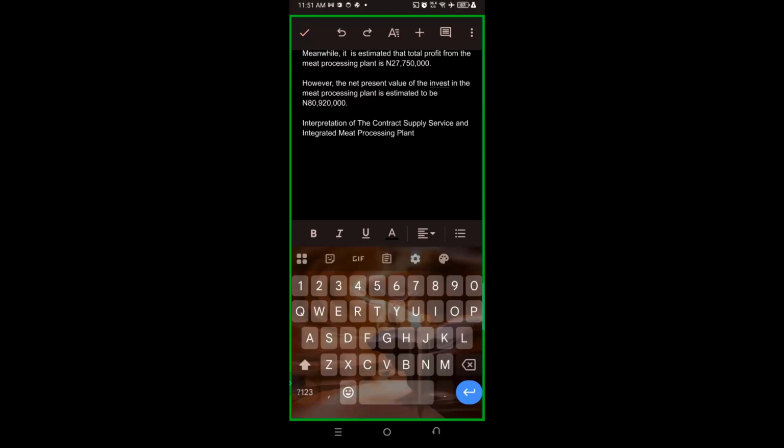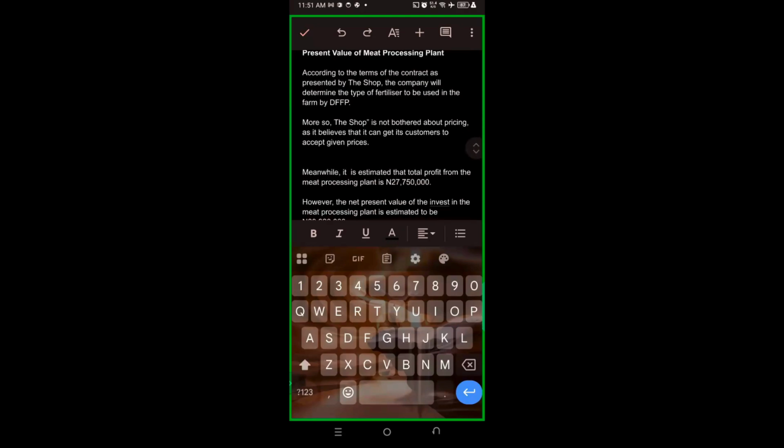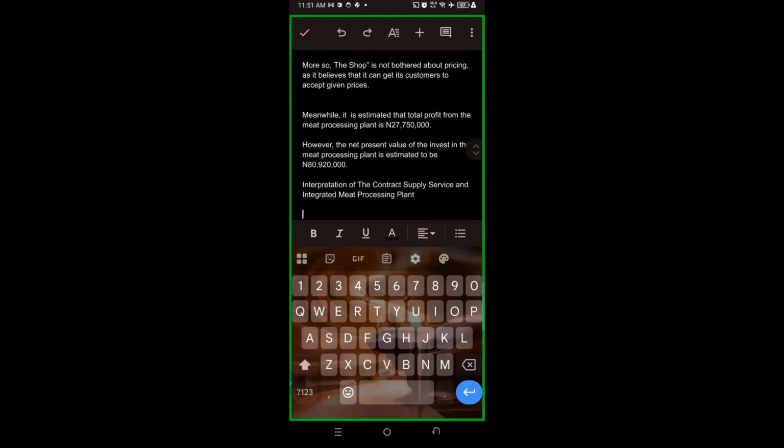Okay. So we said they will determine the type of fertilizer, right?